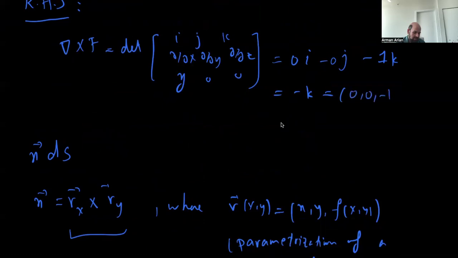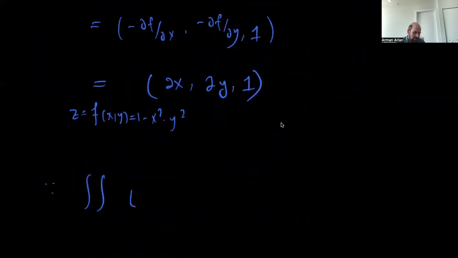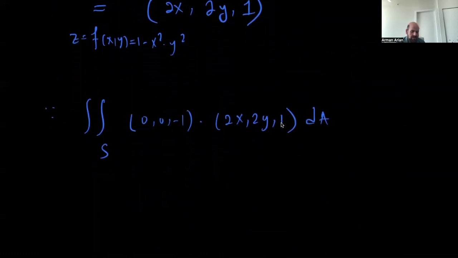This dotted with 2x, 2y, and 1, dA on the surface S. So this becomes the double integral of minus 1 dA on the surface S. And we just need to calculate basically the area, because the integral of 1 dA is the same as the area.